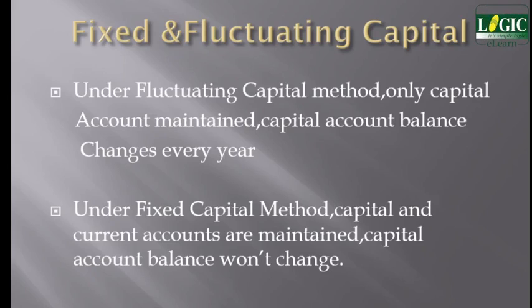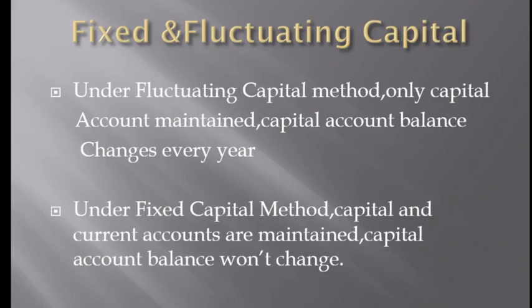What is the difference? I hope you remember that under the fluctuating capital method, only one capital account you will maintain, because as the name suggests, the word fluctuate means there will be fluctuation, changes in the balance, and we saw the opening balance of capital and closing balance of capital change.